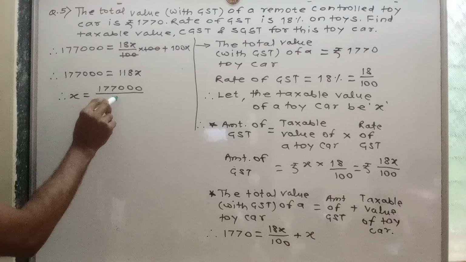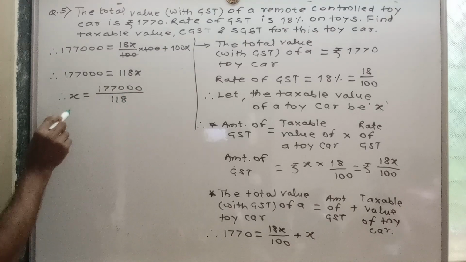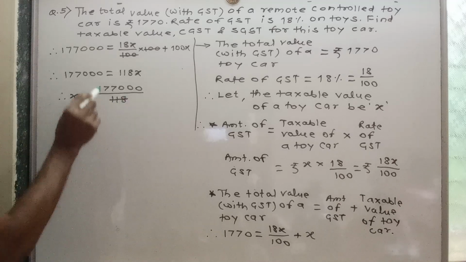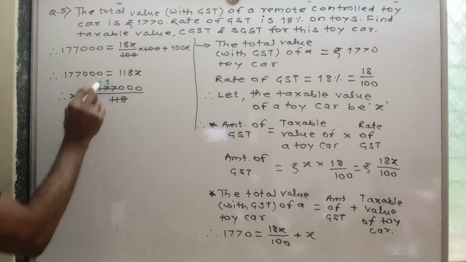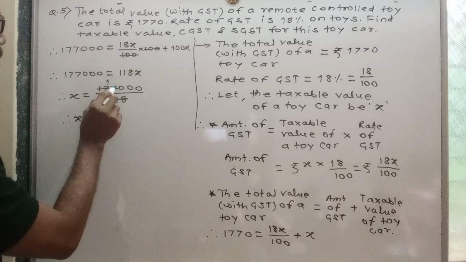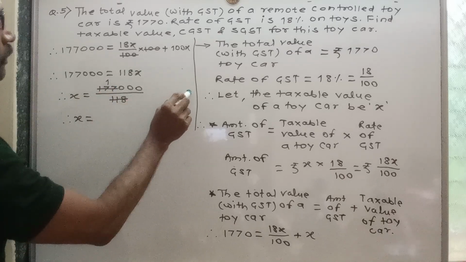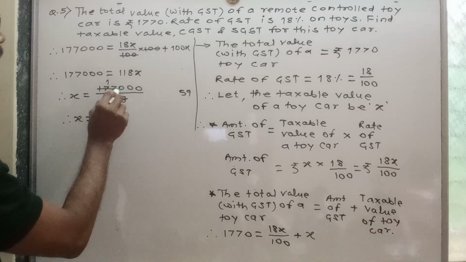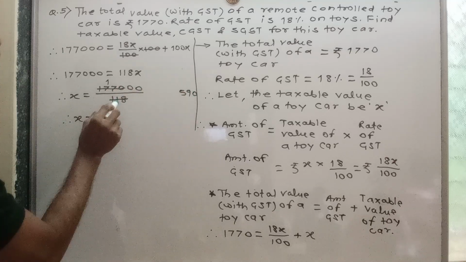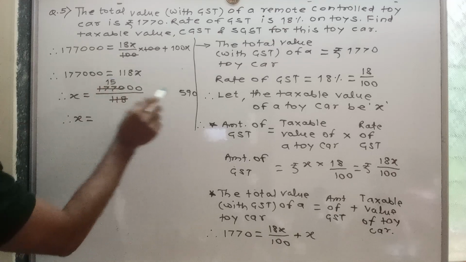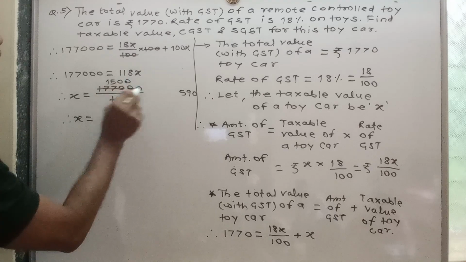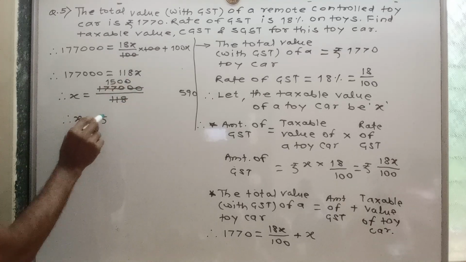So X is equal to 177000 divided by 118. Now subtraction: 17 minus 8 means 9, carry 1. 7 minus 2, 5. 1 minus 1, 0. Now we give this 0 here. 118 fives are 590, and these two zeros.